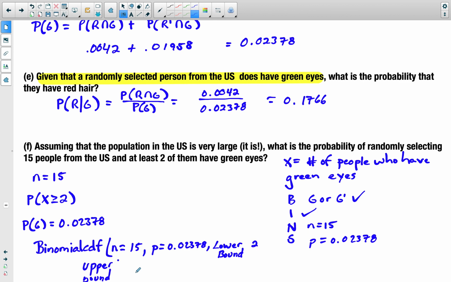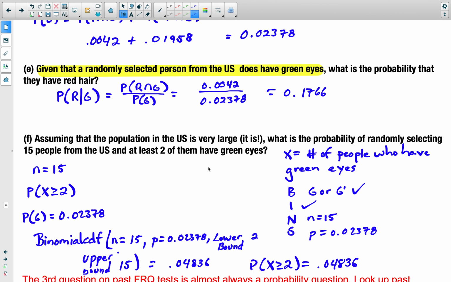You'll just have to find out how to enter this in. I could have all the way up to 15 out of 15 successes. And I'm going to get a probability of 0.04836. So the probability that at least 2 out of 15 have green eyes, there's about almost a 5% chance.